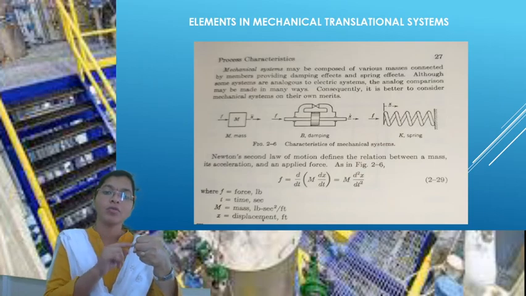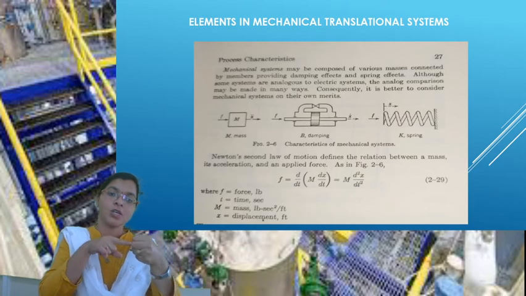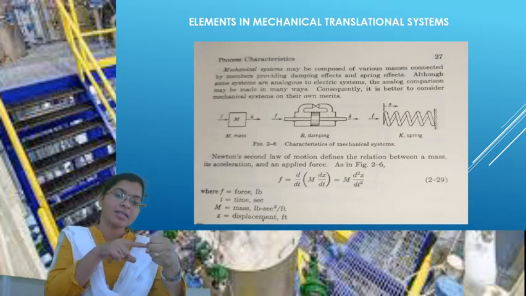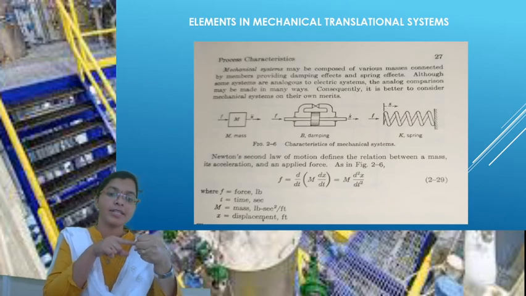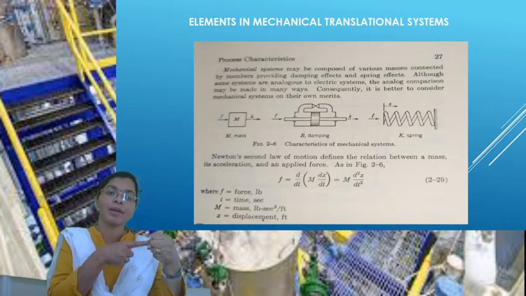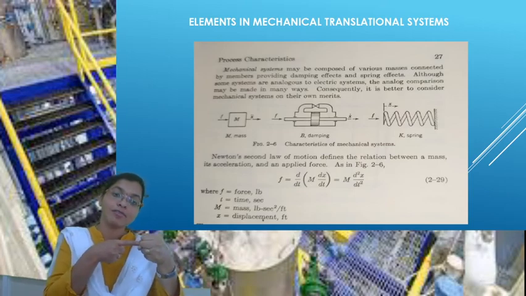Then how will it move? Whenever you apply force, it will move from one place to another place, with a distance. So for any element, what is the input here? The input is the force you are applying.